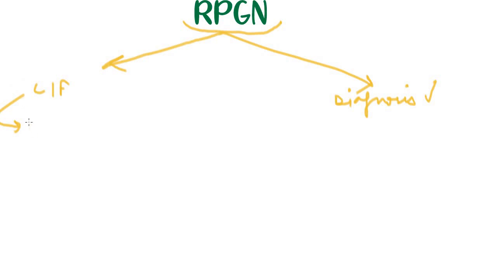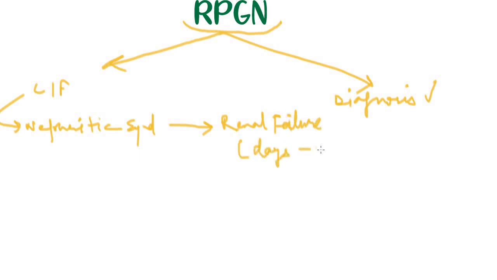RPGN is a kind of nephritic syndrome, but what is peculiar is that it will lead to renal failure within days to weeks.